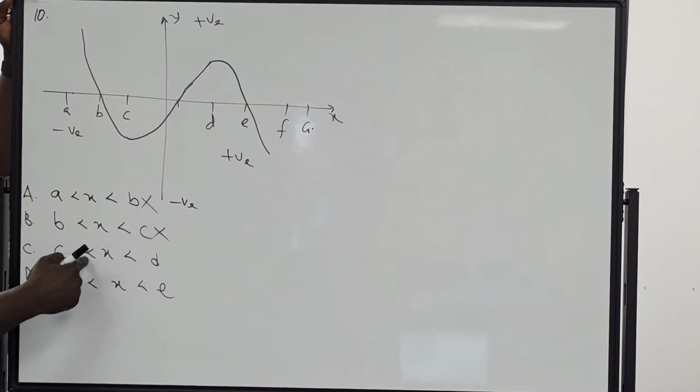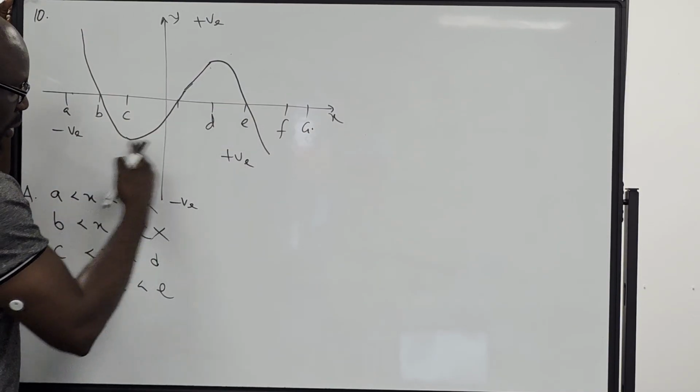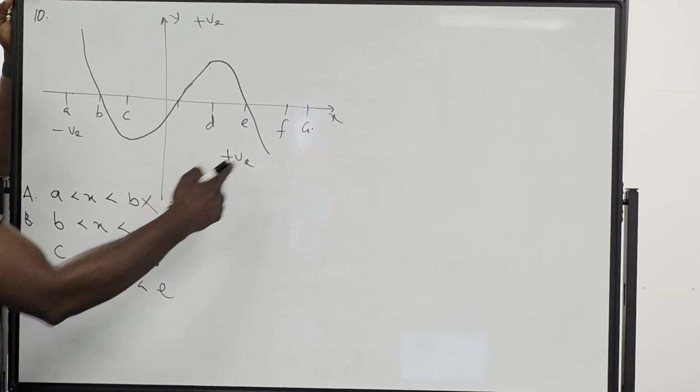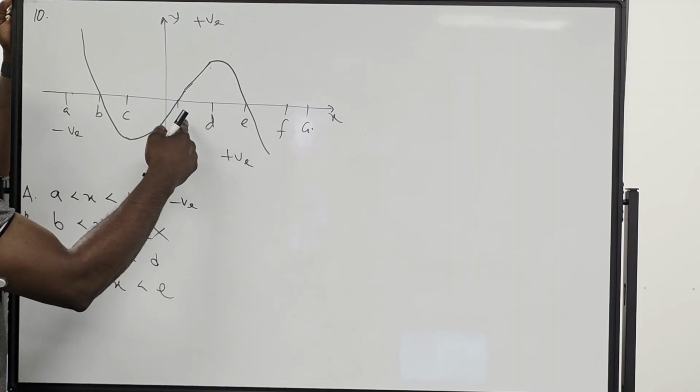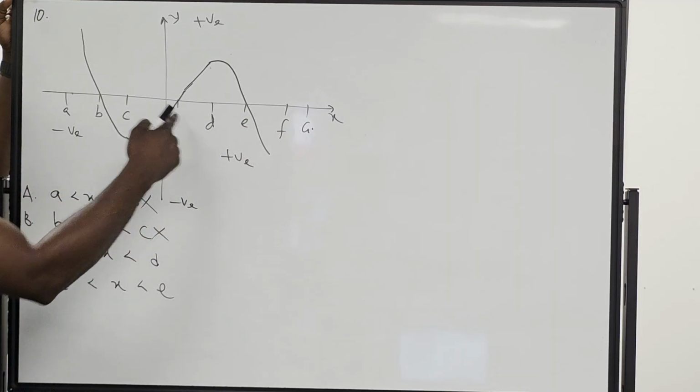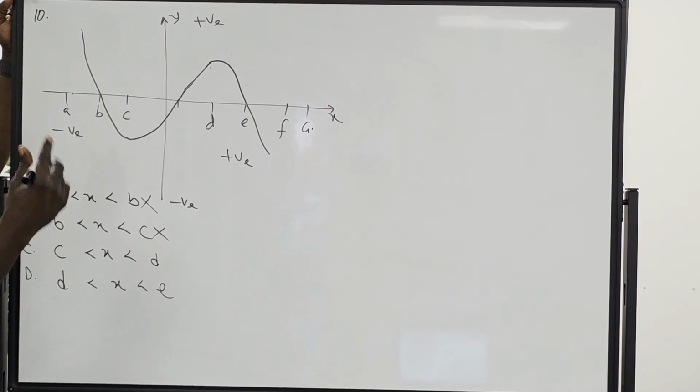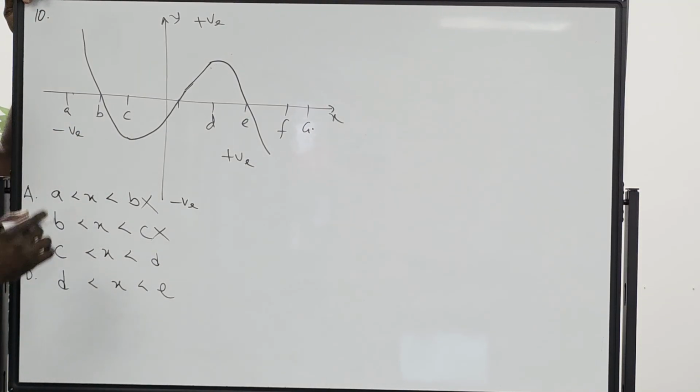C is less than G right here, because you're going positive right here, which is correct, and G is less than D. So let's hold that thought.